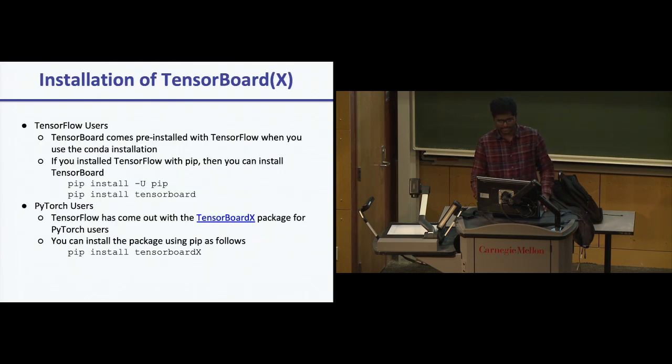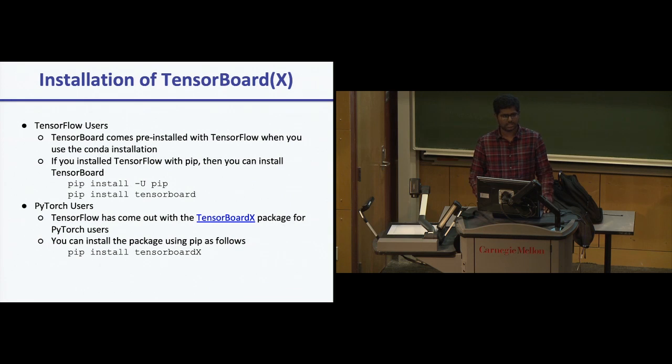So basically, what we're going to look at right now is how to visualize your model on TensorBoard. For those of you using TensorFlow, I think the installation of TensorBoard comes along with your TensorFlow installation. If you're installing it with Conda, I don't think you need to install TensorBoard explicitly, but if you've used the pip installation and you're using TensorFlow, then you'd want to install TensorBoard using these commands.